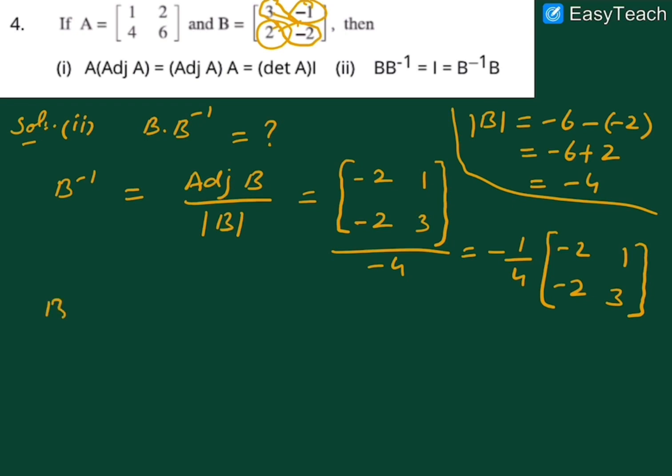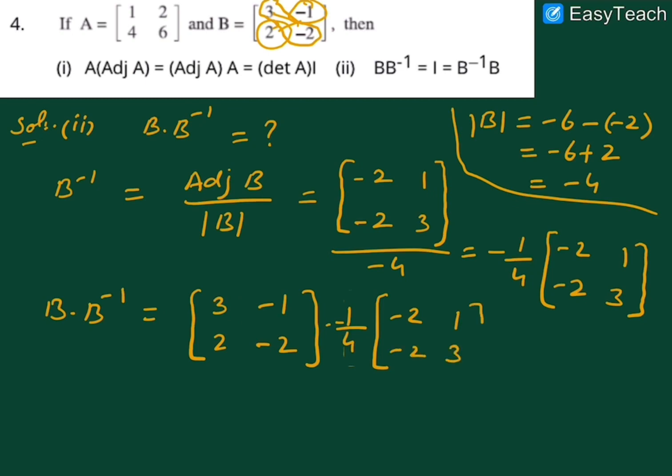But we need to find B into B inverse. Multiply B with B inverse. What is B? We have [3, -1; 2, -2]. Multiply this with the inverse, which is -1 over 4 times [-2, 1; -2, 3]. -1 over 4 you can write outside. Just multiply [3, -1; 2, -2] with [-2, 1; -2, 3].